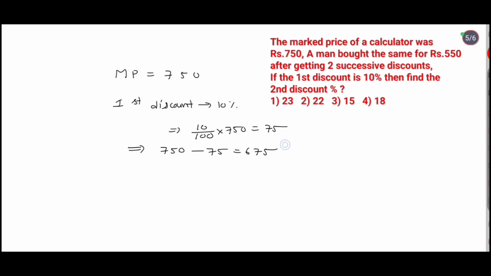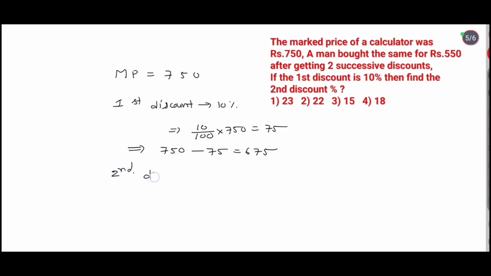550 is the amount after getting two successive discounts. After the first discount the amount is 675. After the two successive discounts it is 550.